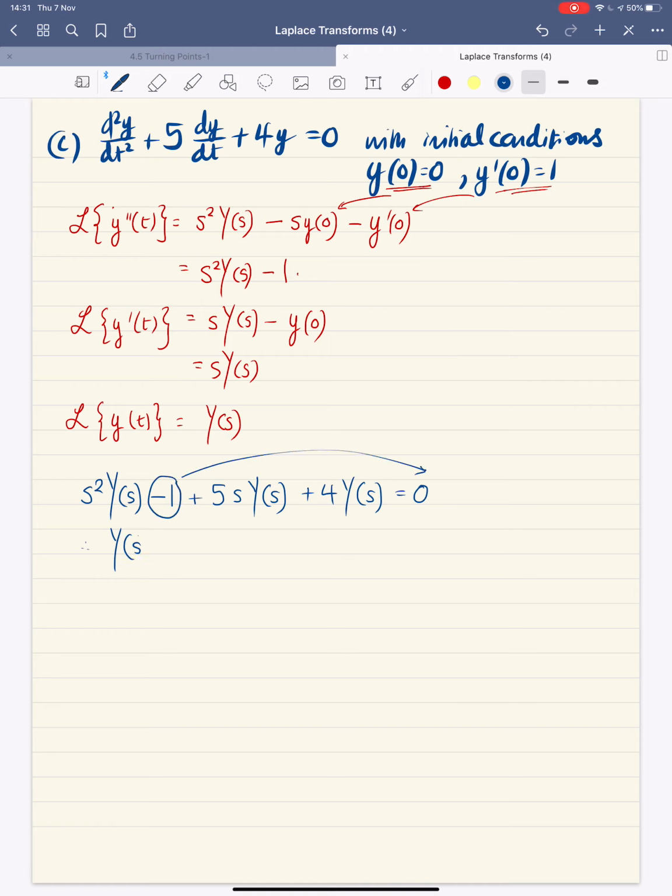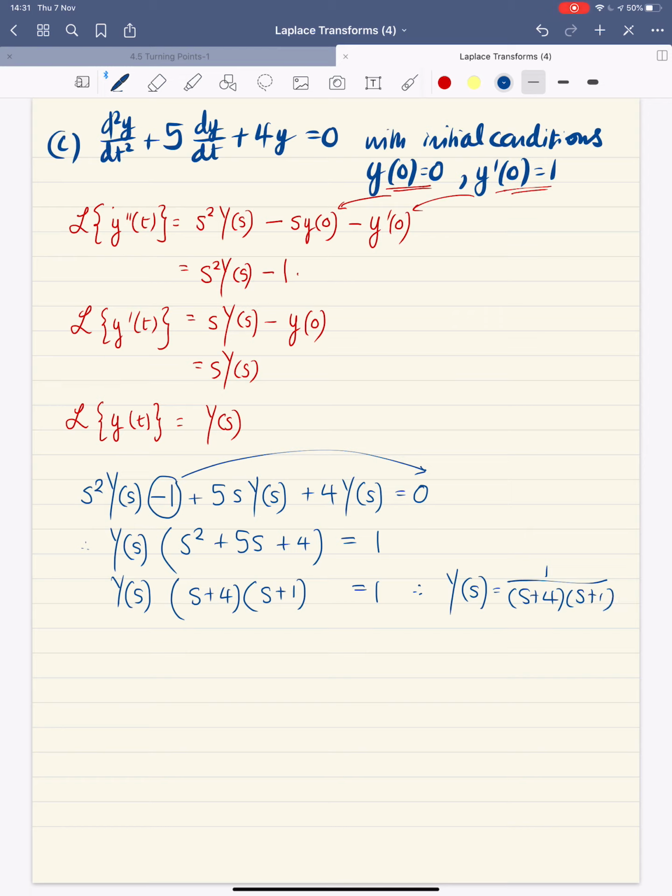So this is y of s times s squared plus 5s plus 4 equals 1. So y of s times s plus 4, s plus 1 is 1. So therefore y of s is 1 over s plus 4, s plus 1.